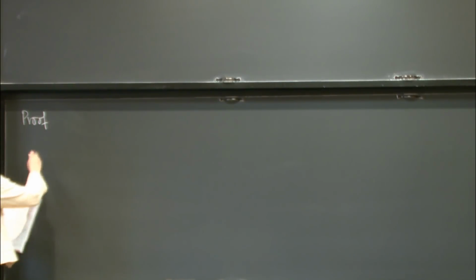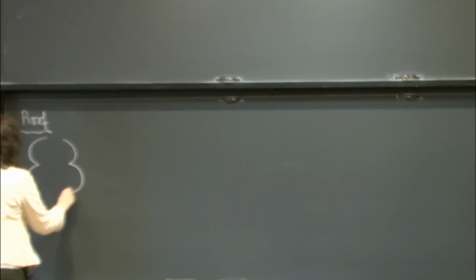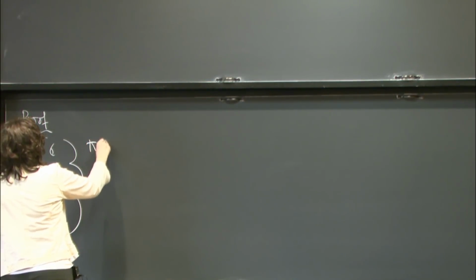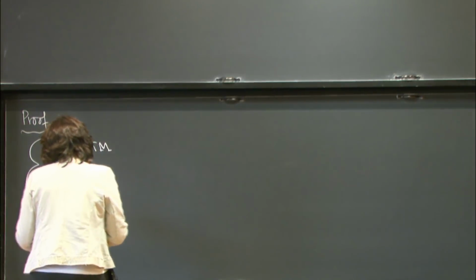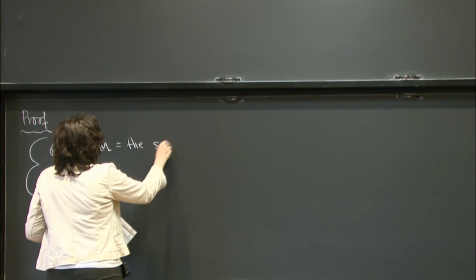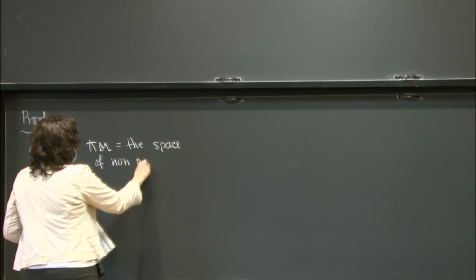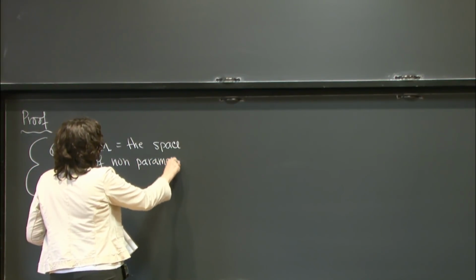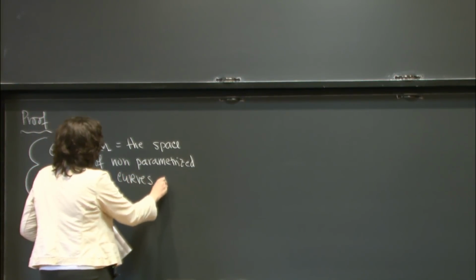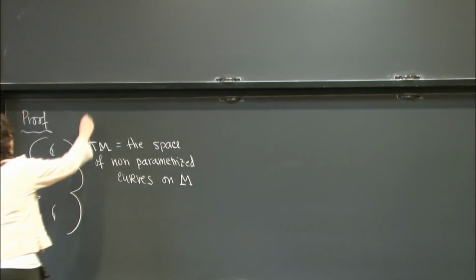One has to consider the space pi of M, the space of non-parameterized curves on M, where M is a Riemannian two-sphere.